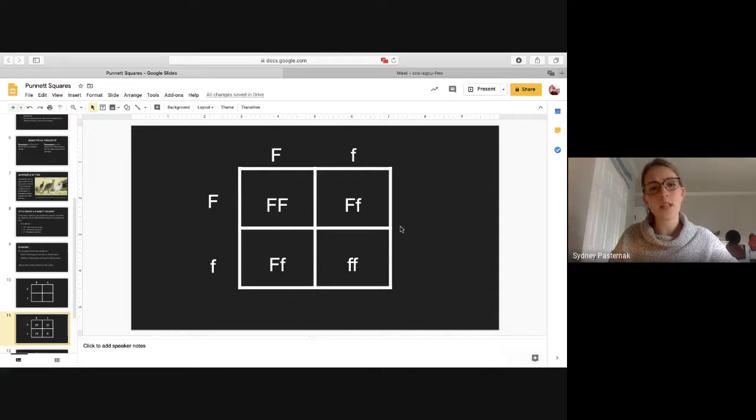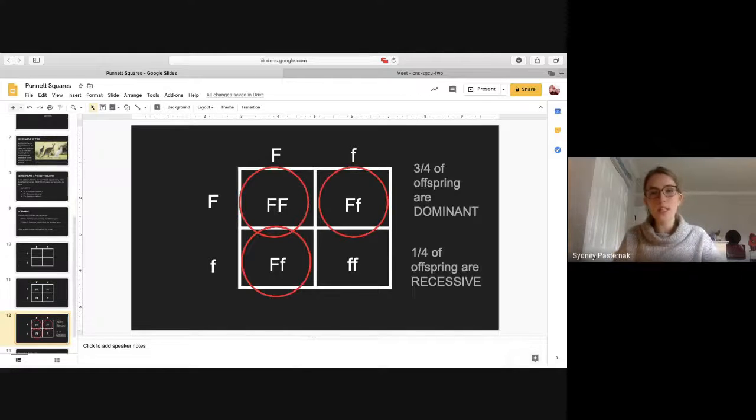These Punnett squares can get more complicated as you add certain things, but it's important to understand that all you really have to do is combine one allele with the other in order to understand what the potential outcomes are of the offspring.